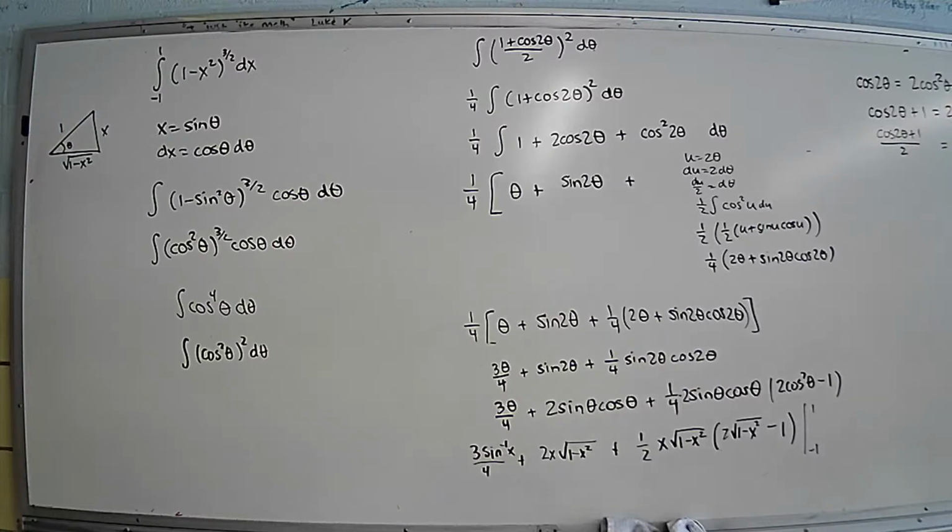So what does this end up being? 3 inverse sine of 1 over 4 minus 3 inverse sine of -1 over 4. So this is 3 pi over 2 divided by 4 minus 3 times -pi over 2 over 4.